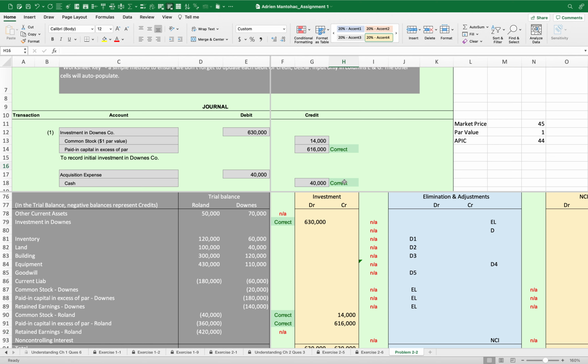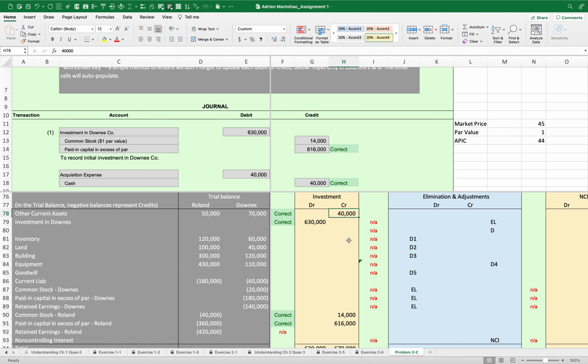So we need to record this expense as a reduction in cash of 40,000. And again, we're going to take both of these items and just smush them together. We're going to add them together. We're going to pick up all of the assets and liabilities of the subsidiary, eliminate our investment in the subsidiary and thereby get rid of these two items. But I'm getting ahead of myself. Let's just go step by step.